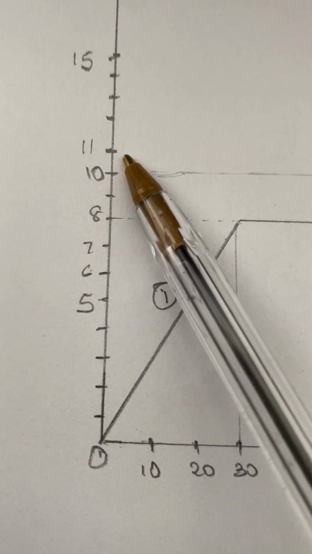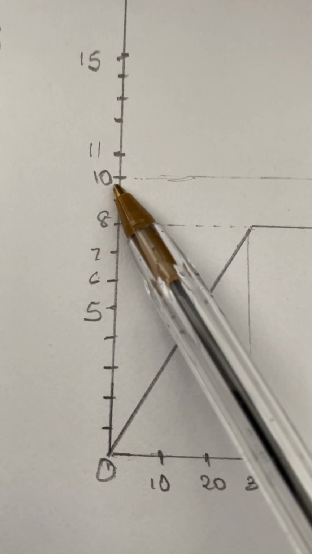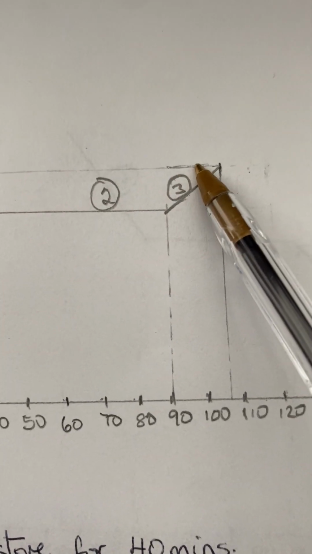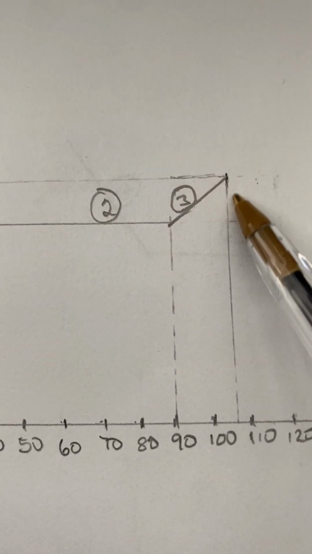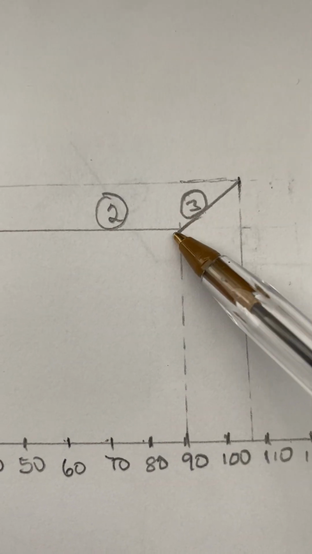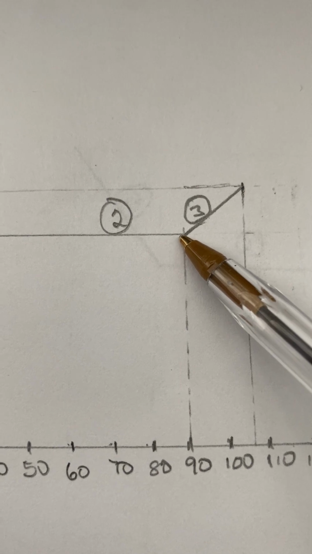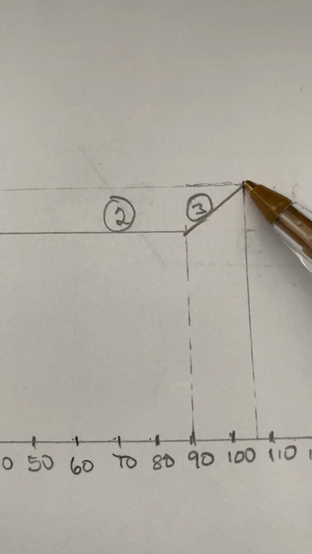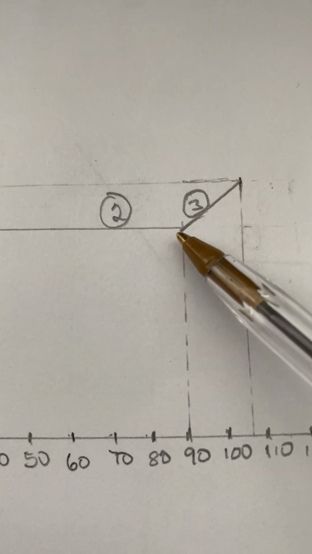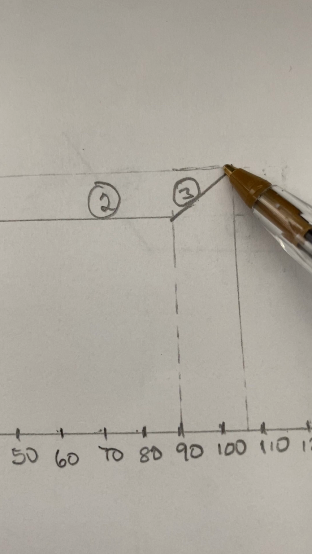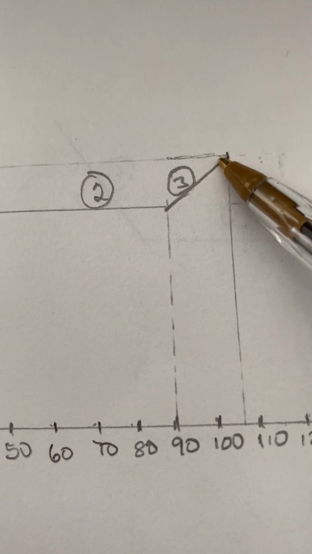So 8 plus 2 is 10 kilometers. There you use a faint line because that's not part of the graph, and then you connect from the meeting to the grocery shop, because she's traveling here. So that is her grocery journey of 15 minutes and 2 kilometers.